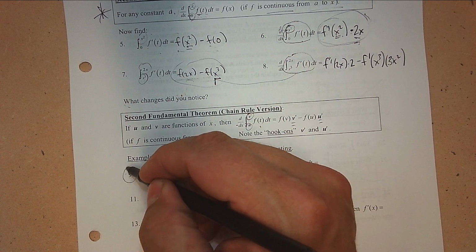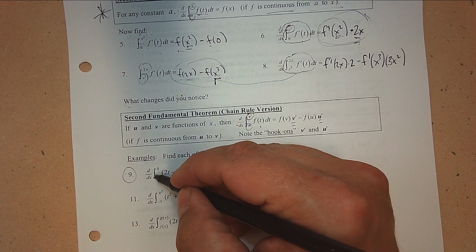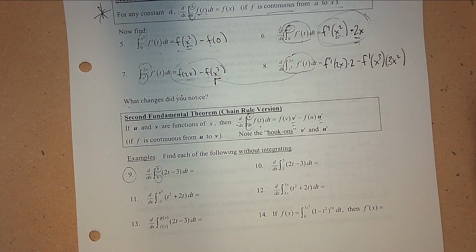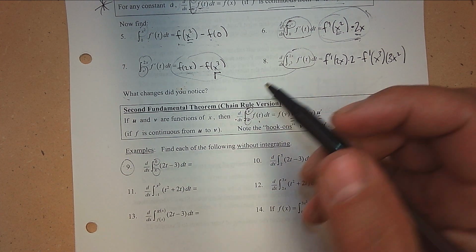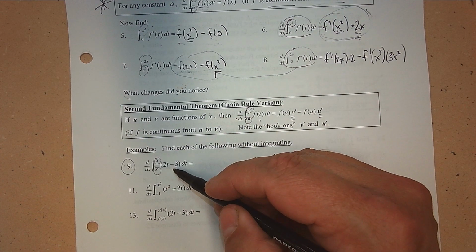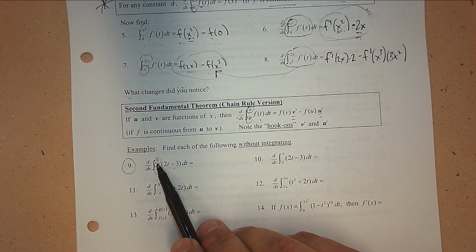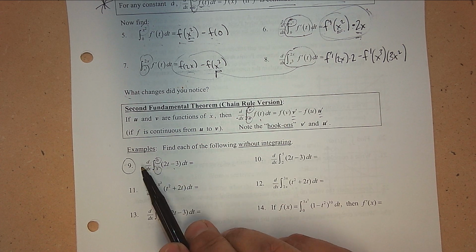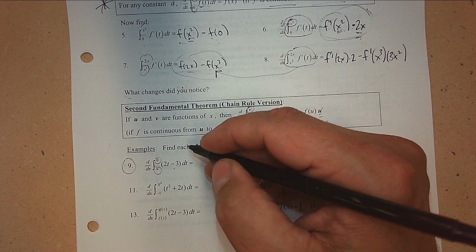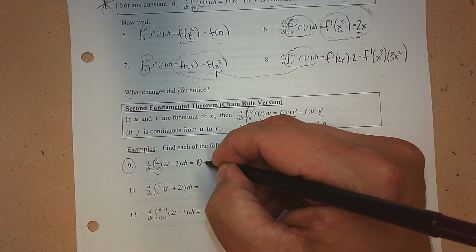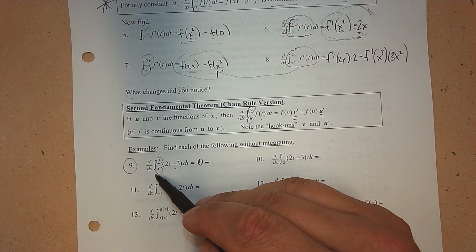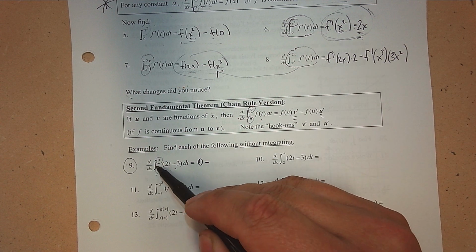So if I look at number 9, look at the bounds. X to 0. So be careful. Order matters. So when I integrate and so on, what would I plug in first when I integrate? Well, first you plug in 0. And the derivative of 0 is 0. So first it's 0. Then, when they undo each other, what letter are you going to plug in?